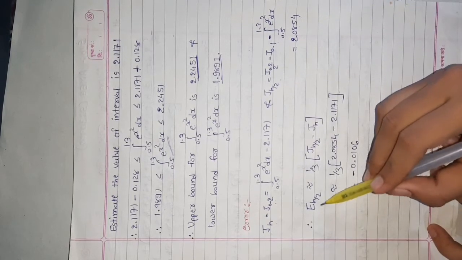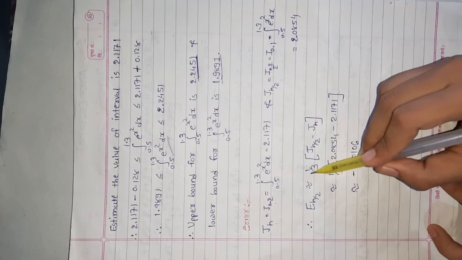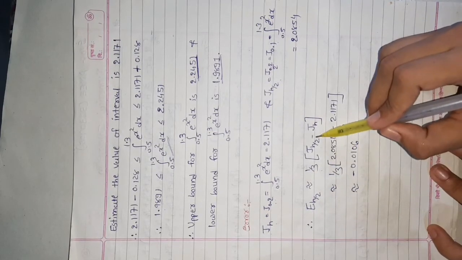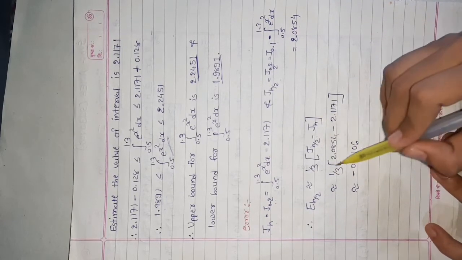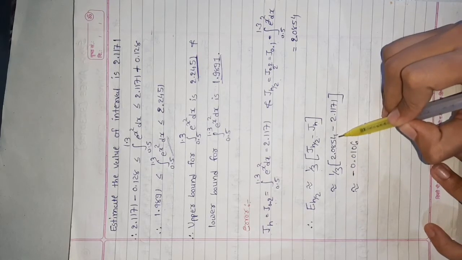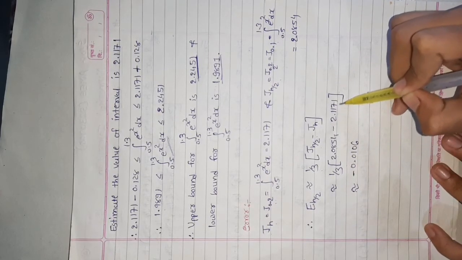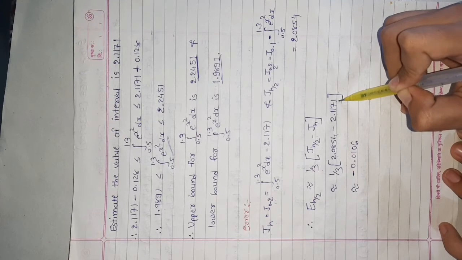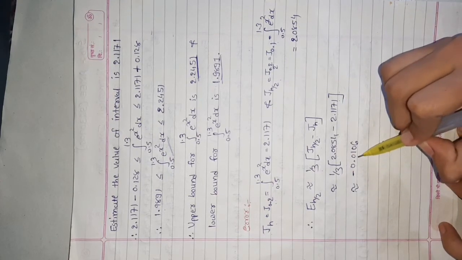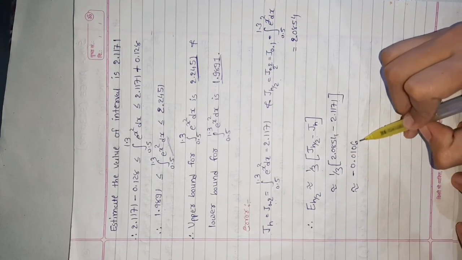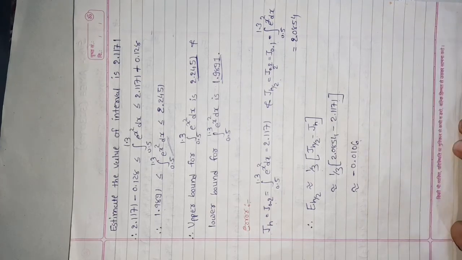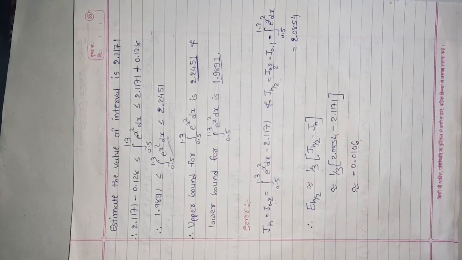So our error E_h by 2 is equivalent to 1 by 3 times (J_h by 2 minus J_h), which is 1 by 3 times (2.0854 minus 2.1171), equals minus 0.0106. In the next lecture we will learn Gauss quadrature.